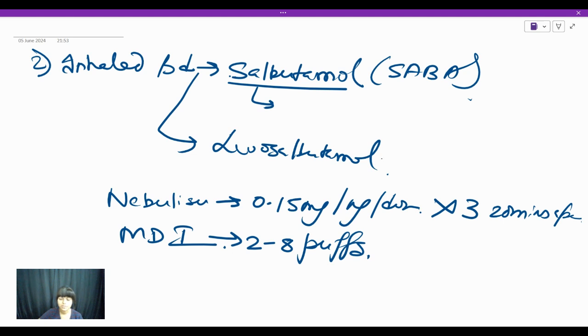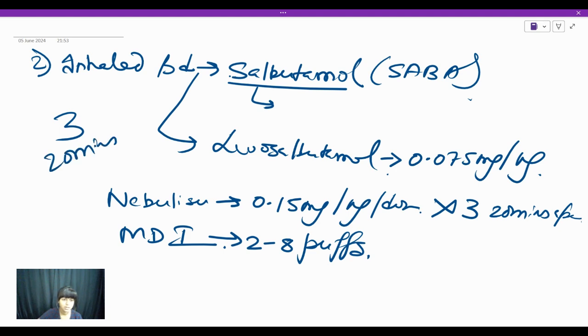What is the dose of levosalbutamol? This is just half of salbutamol, that is 0.075 milligram per kg. Whatever you are giving, it should be at least three times, 20 minutes apart. Along with this SABA, you need to continue the oxygen therapy.